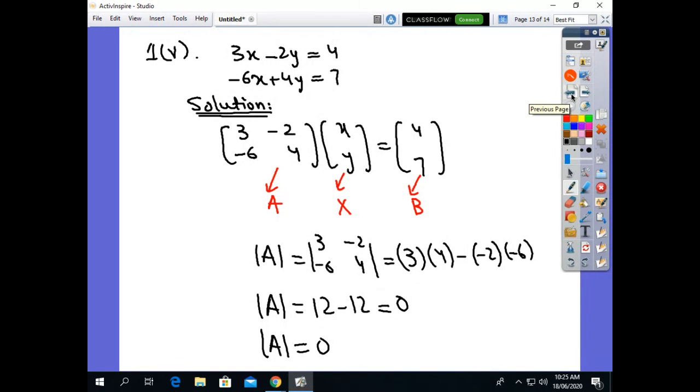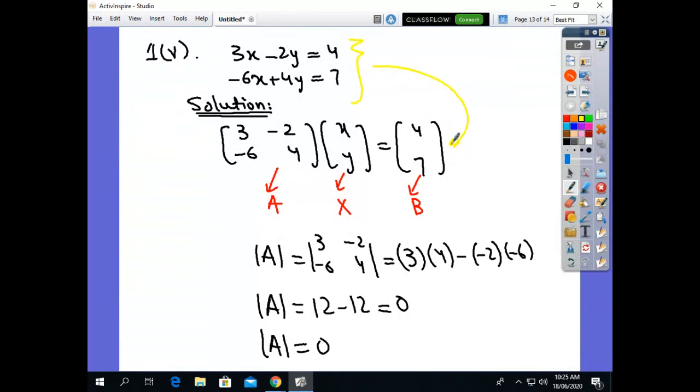The question number 1 is: use matrices if possible. When the determinant becomes 0, the solution is not possible. Therefore, in part number 5, first of all we convert the simultaneous equations into matrix form.